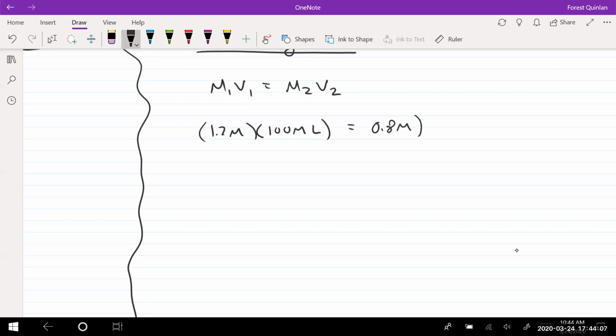And the question is, how much do we need to actually neutralize this? If we divide that out, our V2 is going to be 150.